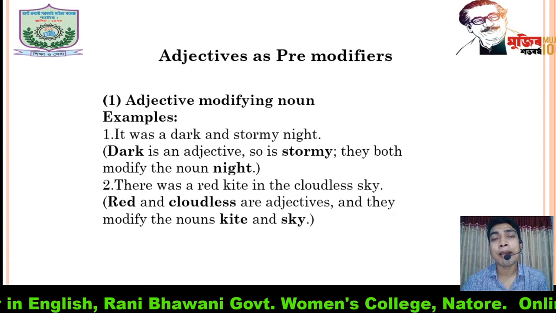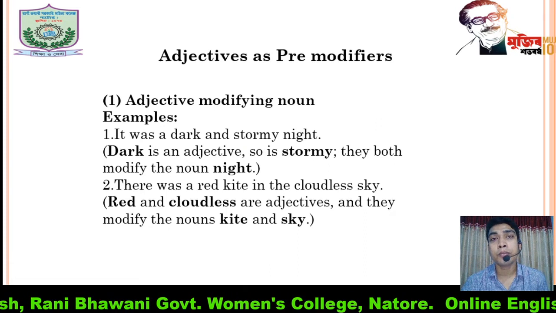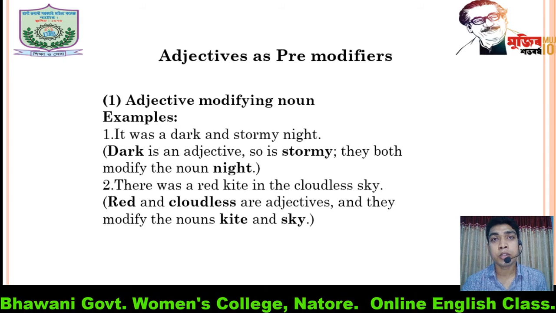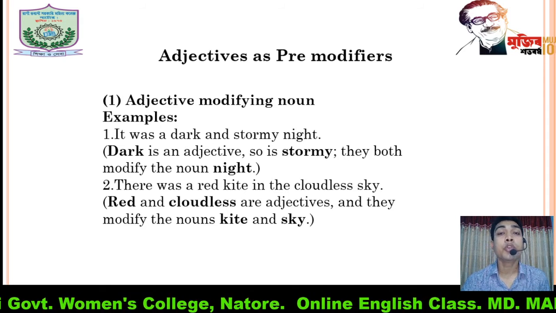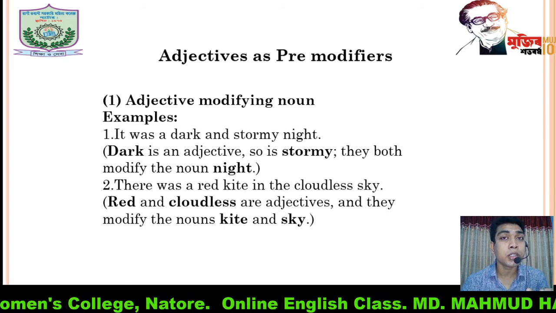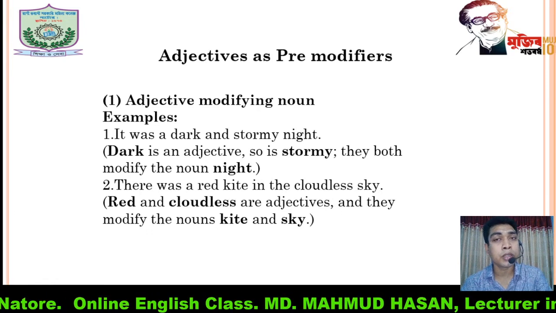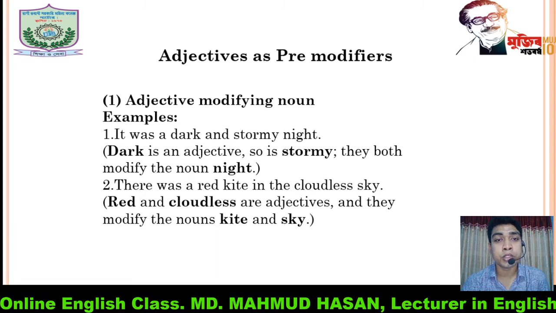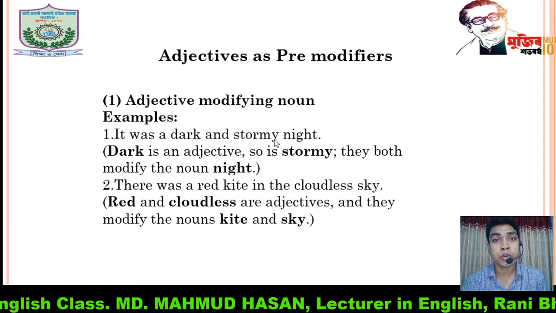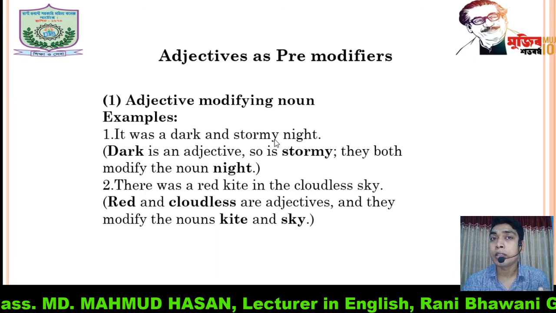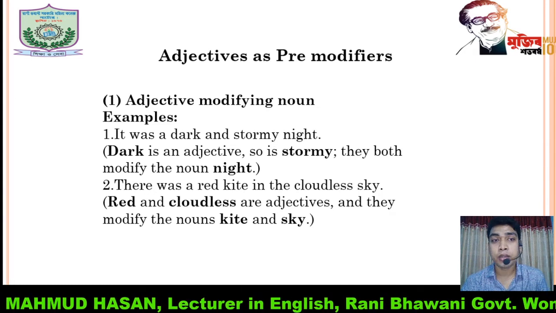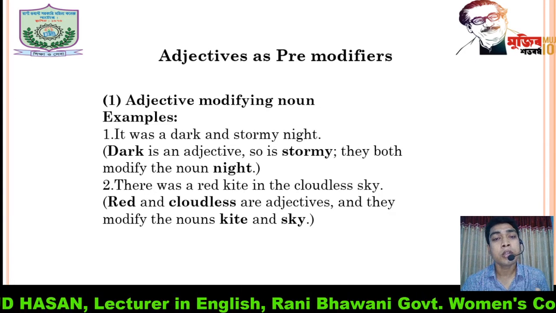actually it adds some information. It provides more information, but these words are not the part and parcel of this sentence. We can delete the words dark and stormy, and we will get a complete sentence then. It was a night.